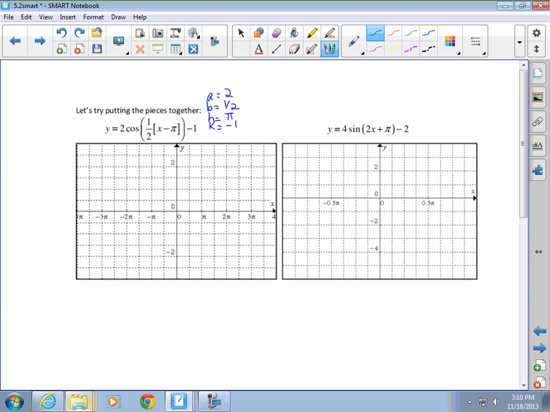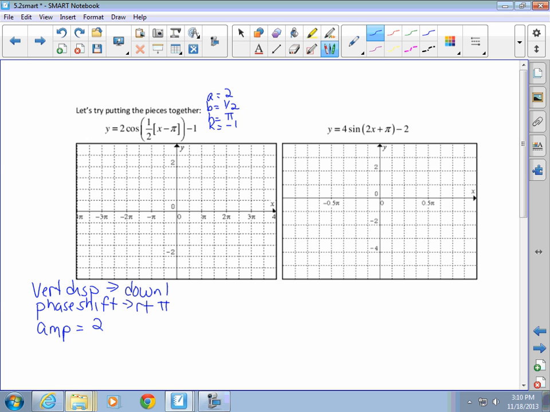So that means my vertical displacement was -1, so I'm going to go down 1. My phase shift is that H value, and it's pi, so I'm going right pi. My amplitude, or my A value, is equal to 2.